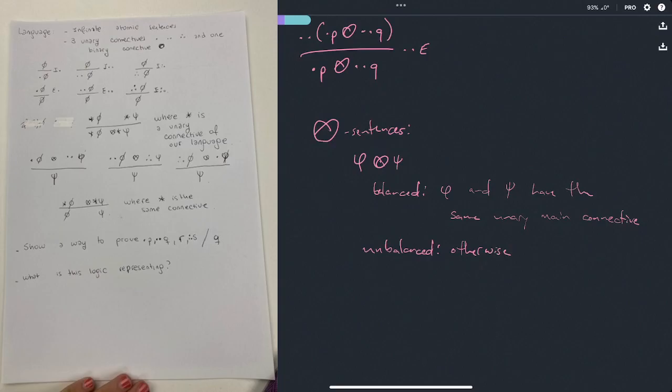So our pretzel sentences come in two types: balanced pretzel sentences and unbalanced pretzel sentences.